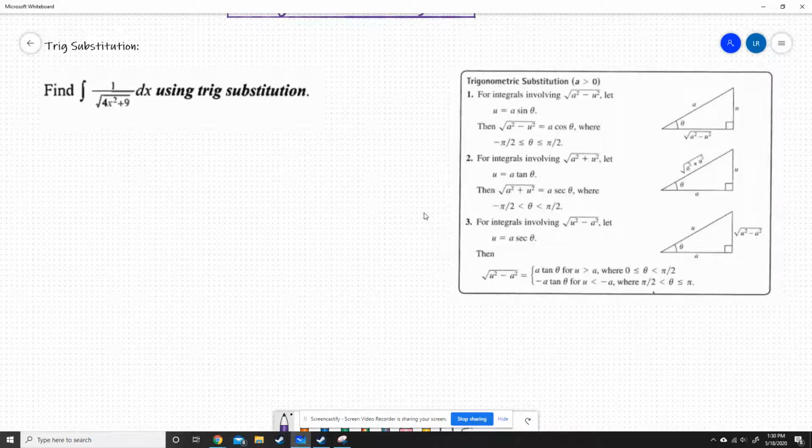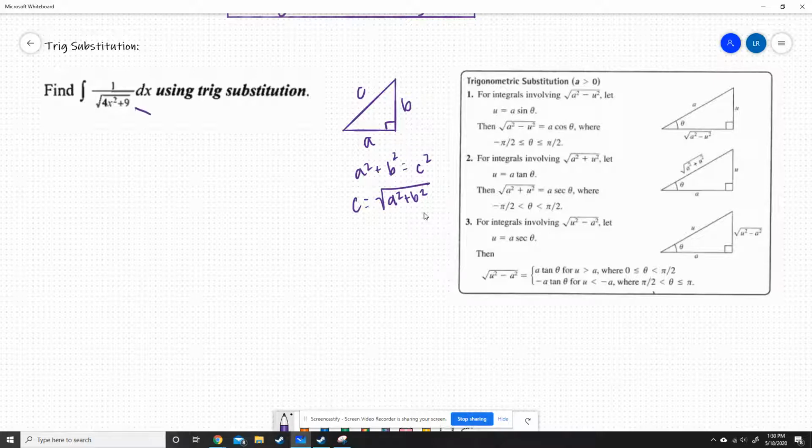Now, looking at a right triangle, a squared plus b squared gives us c squared. If I know what a is and I know what b is, I could figure out what c is. C is going to equal the square root of a squared plus b squared.